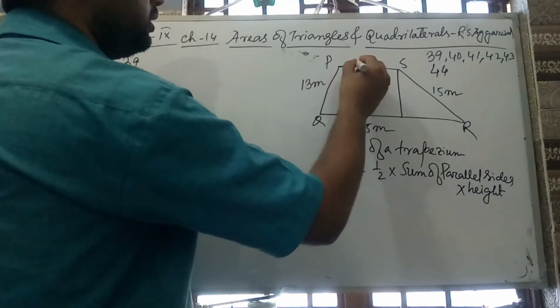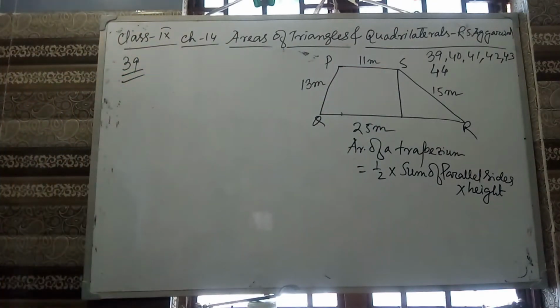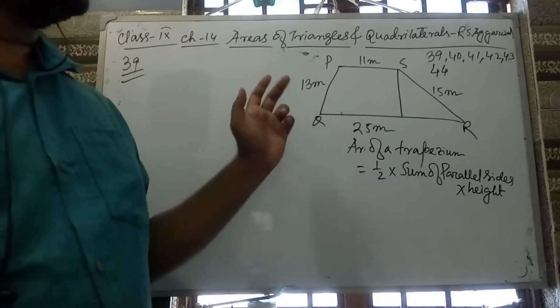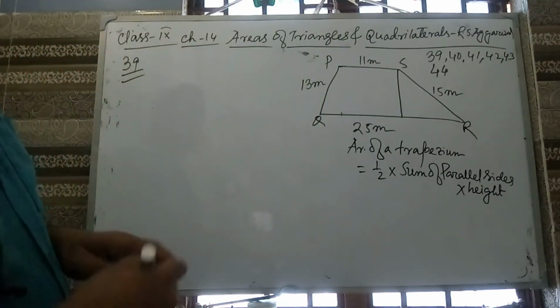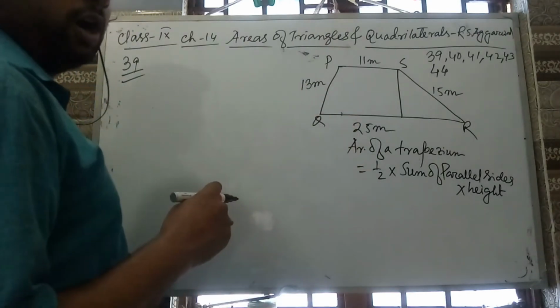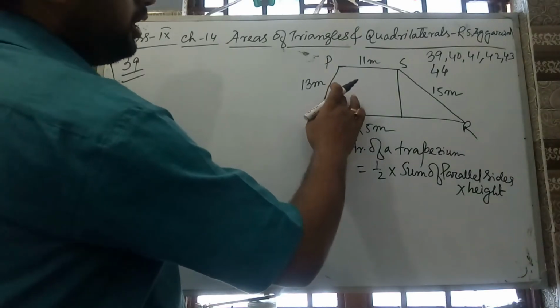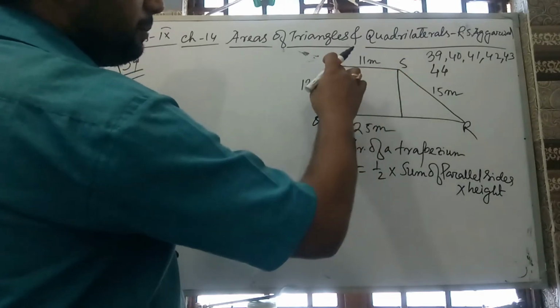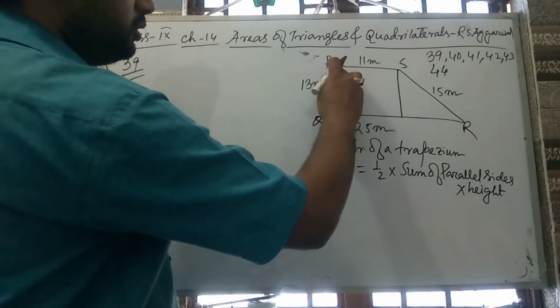Okay. Now what we have to do? Look, this one is 15, this one is 13. Now if we draw a line through S parallel to PQ.